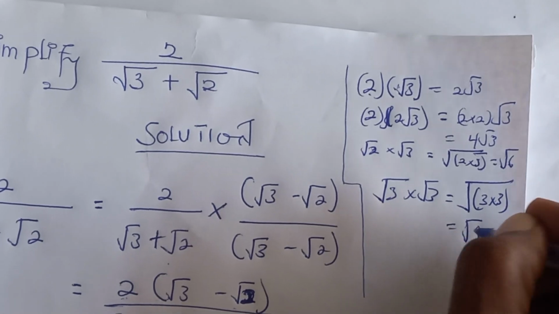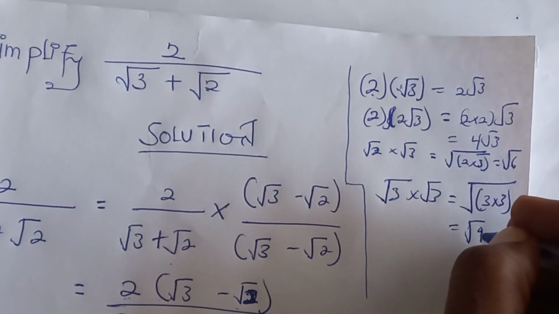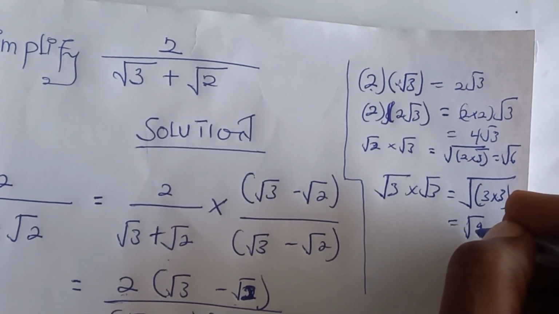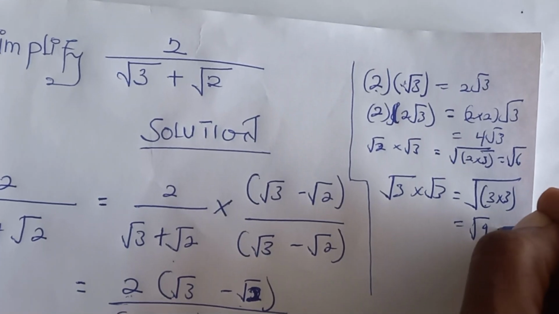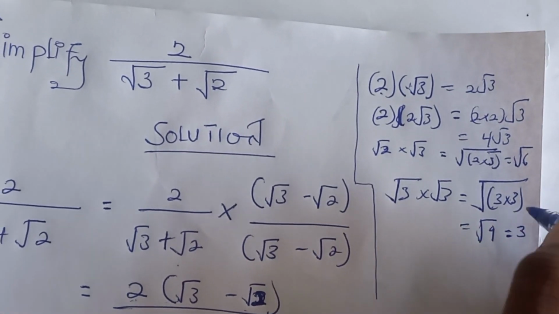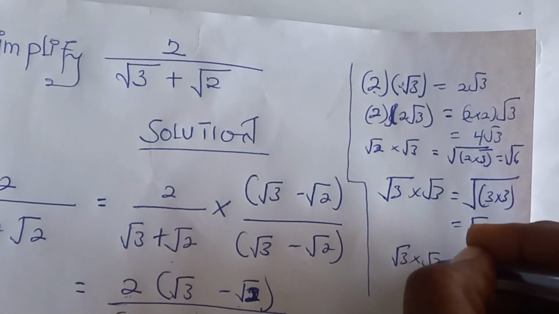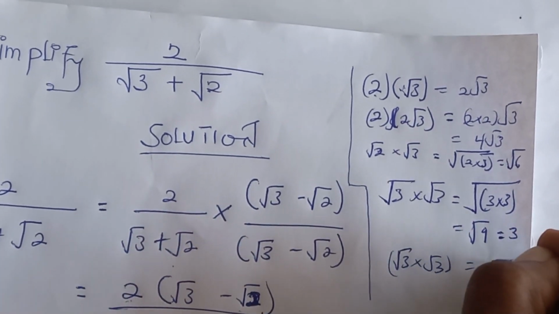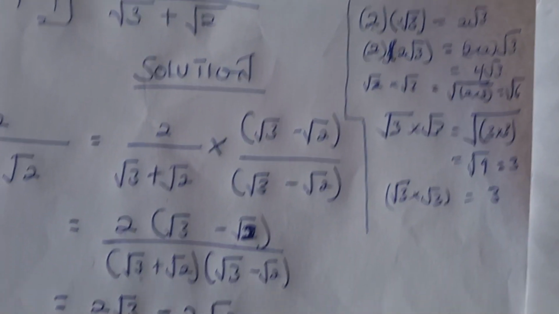So we get root 9. And we know the square root of 9. And what is the square root of 9? Square root of 9 is 3. So we say that root 3 multiplied by root 3 is 3. You see? Good.